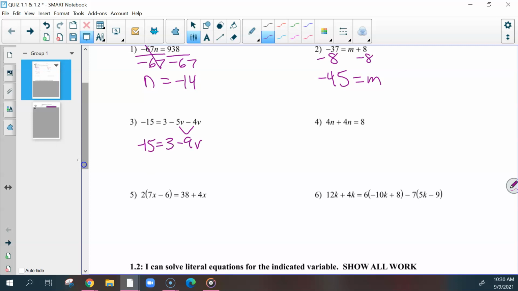If you added 4b or added 5b to get 1 or negative 1, that's where that issue was, because you weren't doing exactly what it says. Then we could have subtracted 3 over to get negative 18, and then divided by negative 9.